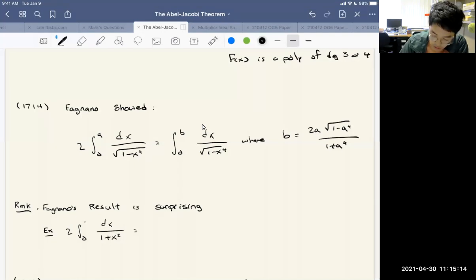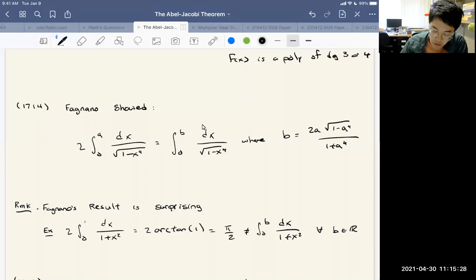And hopefully, if I did this right, we get 2 times arctan of 1, which is pi halved, which does not equal the integral from 0 to b of dx over 1 plus x squared for any b in the real numbers. So for this arc length integral, there's a really special property being satisfied, where 2 times it can be written in this way.